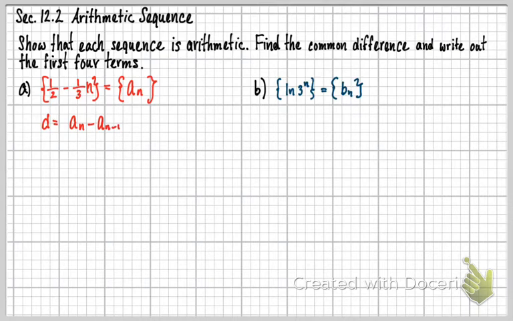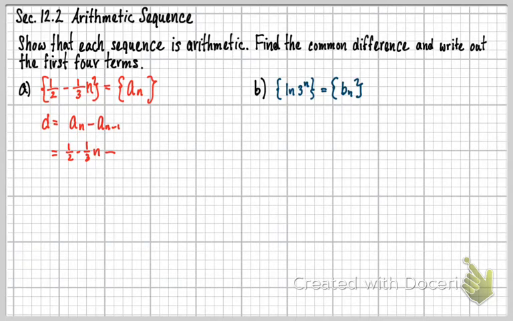So when I actually write this out now, I'll just take the nth term. So this piece right here is just going to be 1/2 minus 1/3 n. So that's the first one. All of this right here is the a sub n.